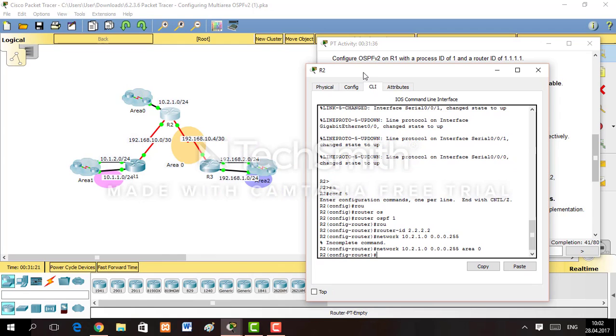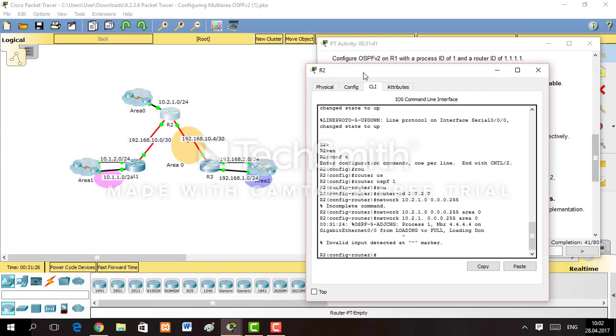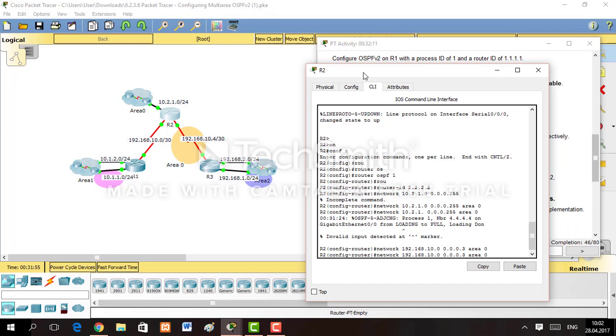And also the network 192.168.10.0 with wildcard mask of 3 and with area 0, and one more network.